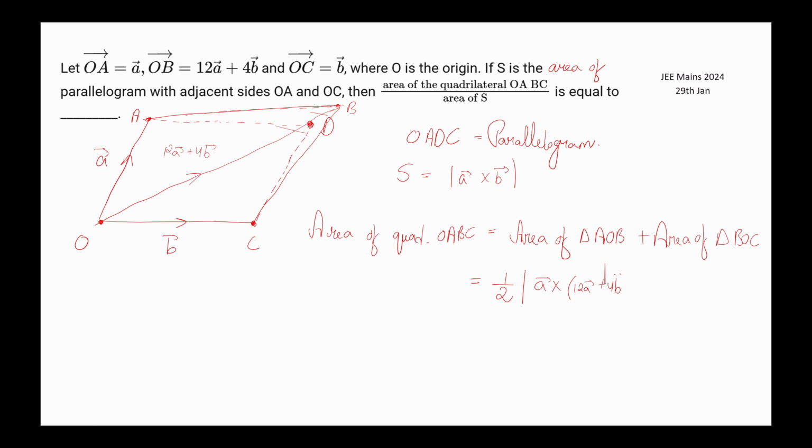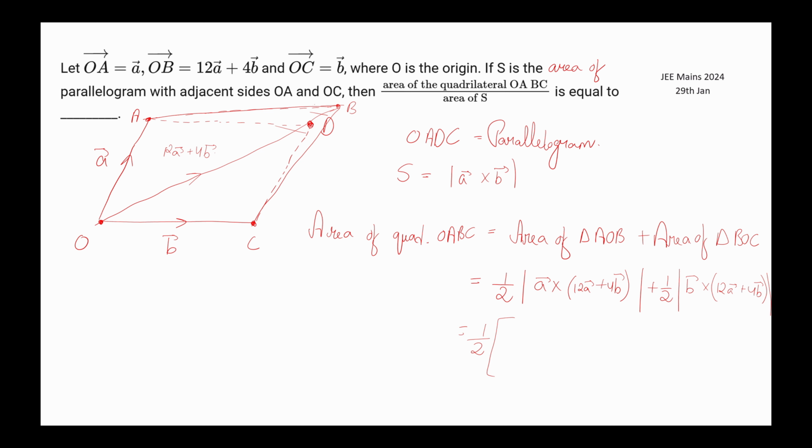plus 4B vector, plus half of the area of triangle BOC can be written as B vector cross 12A vector plus 4B vector. Now let us try to solve this. Let us take half common from this entire equation and we would be left with the values inside. Let us take the cross product basically. So now for the first part, of course, we are going to use our distributive property here.